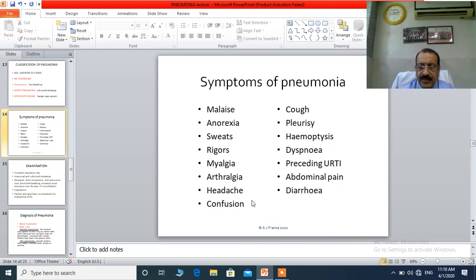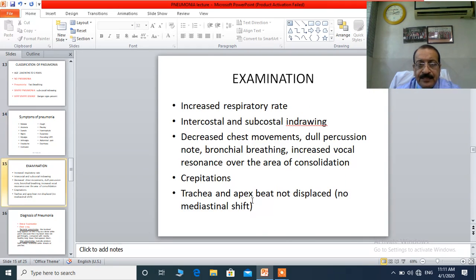The child will be very dyspneic and there will be a preceding history of upper respiratory tract infections. The child may have abdominal pain, particularly in the upper quadrant when the child has lower lobe consolidation, and this may be confused with the diagnosis of acute abdomen. There may be parenteral diarrhea. So these are the basic symptoms of pneumonia.